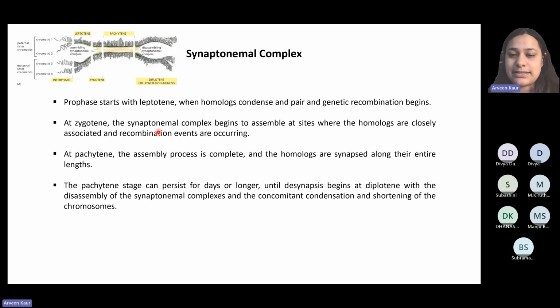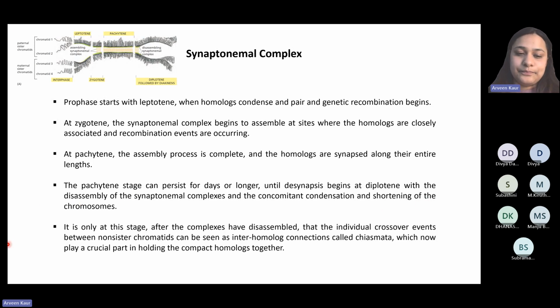The assembly process is complete and homologues are synapsed along the entire length, right? Along the entire length, like from here to here, the homologue will be synapsed. The pachytene stage can persist for days or longer until desynapsis begins at the diplotene stage, with the disassembly of the synaptonemal complexes and the concomitant condensation and shortening of the chromosomes, right?